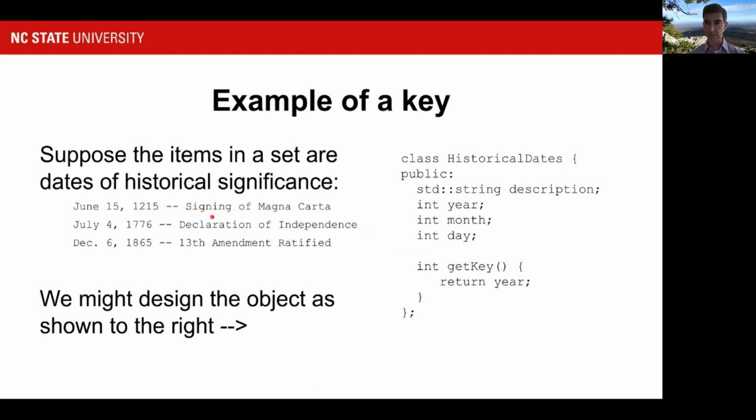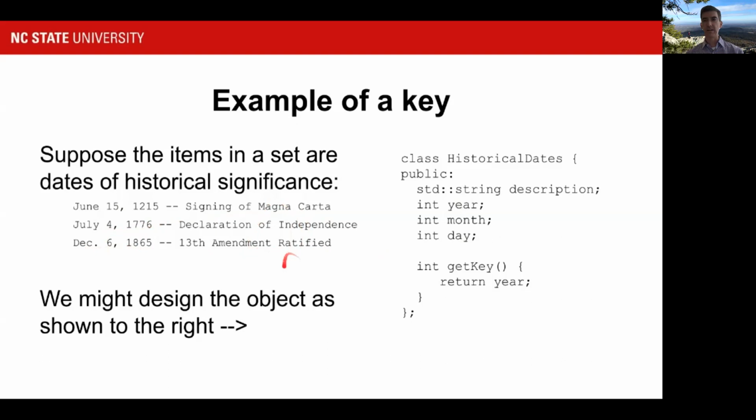I think that was the signing of the Magna Carta, if I did my research right and copied the date correctly. The next one I'm confident of: July 4th, 1776, was the signing of the Declaration of Independence, our independence from Britain. And December 6, 1865, was when the 13th Amendment to the Constitution was ratified. So these are some important dates.